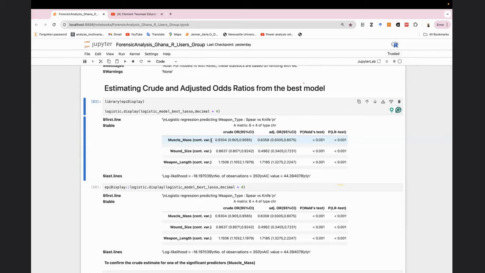But to make interpretability sense, and I'm reporting on the deficit because it's less than 1, I'm saying that higher values of muscle mass are associated with a 27% decrease in the chance of the weapon being a spear. That is also another way to interpret that.